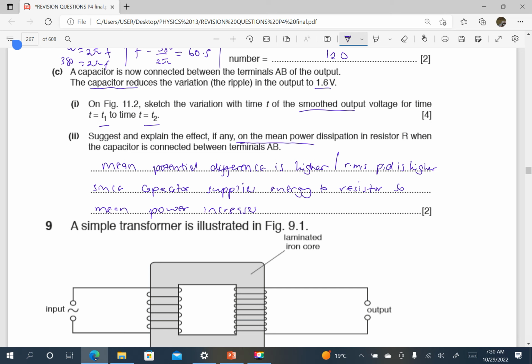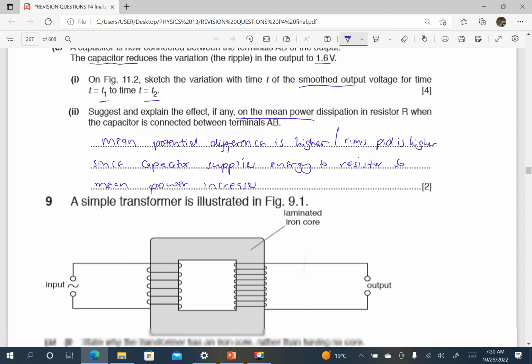So the mean power increases because the capacitor supplies energy to the resistor, which means the mean potential difference is higher. It doesn't go to zero. Therefore, the mean power increases. As simple as that.